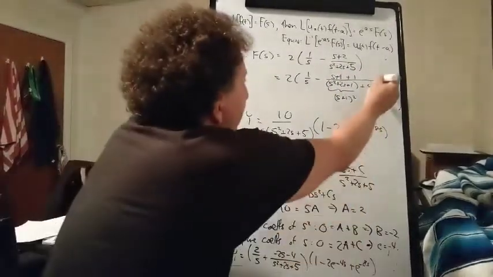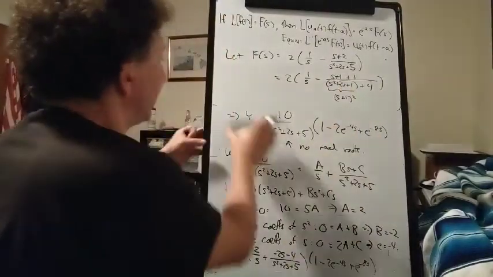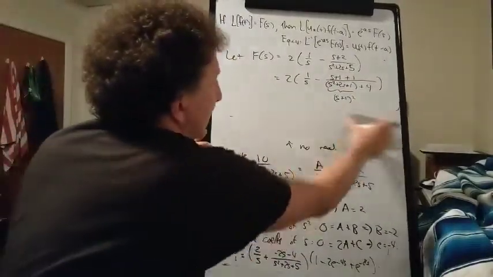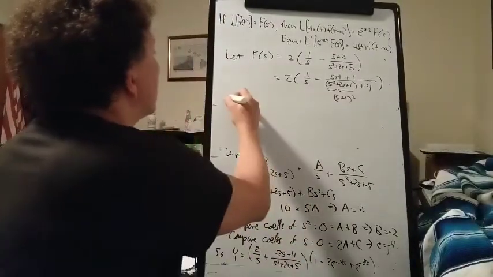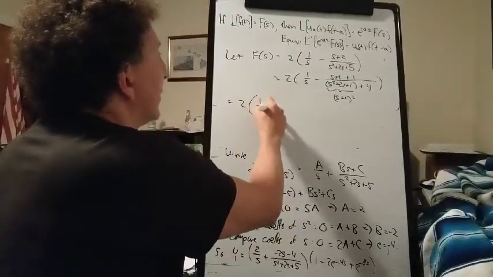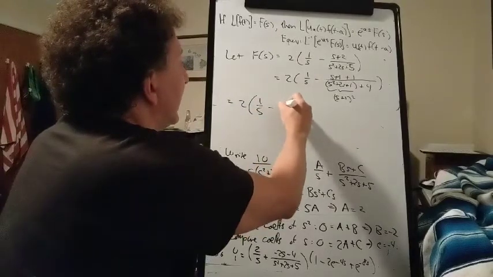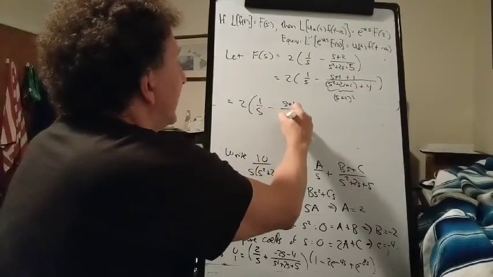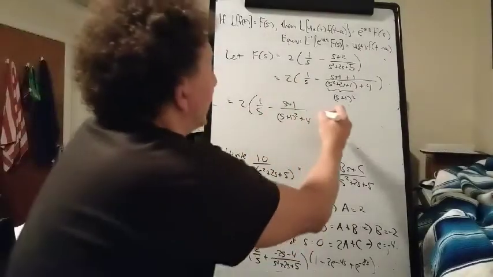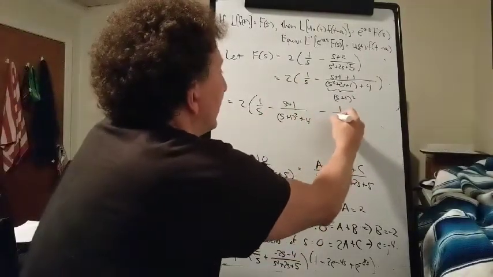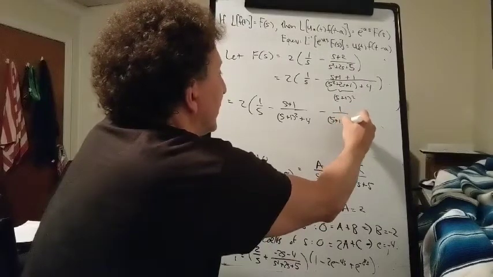All right, let me break this into 2 fractions. So we have s plus 1 over s plus 1 squared plus 4. So that piece looks good. And then minus 1 over s plus 1 squared plus 4.